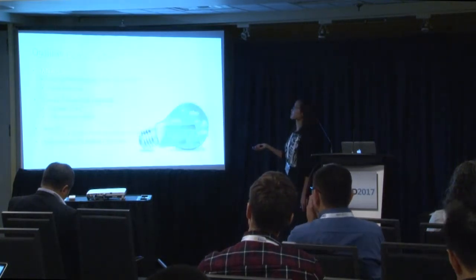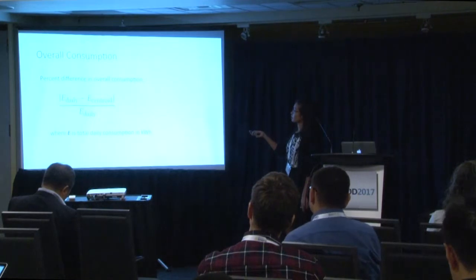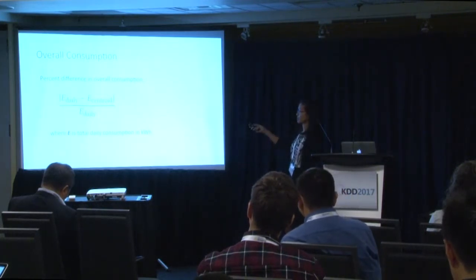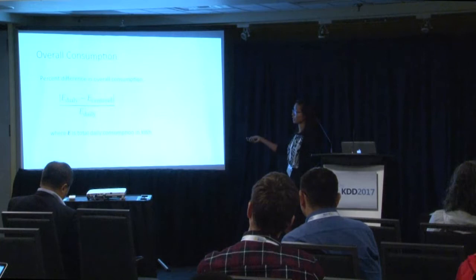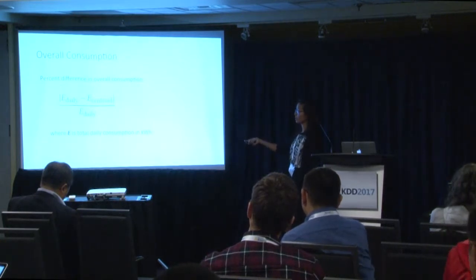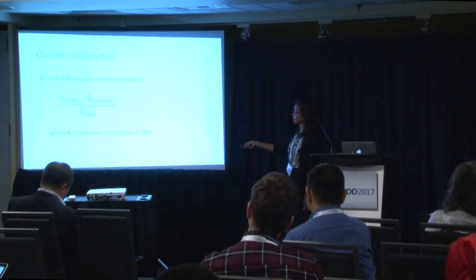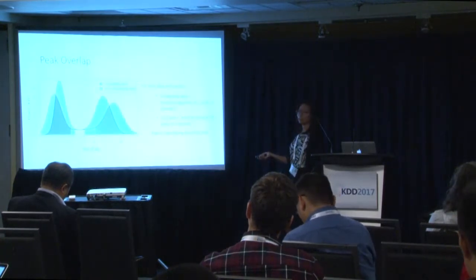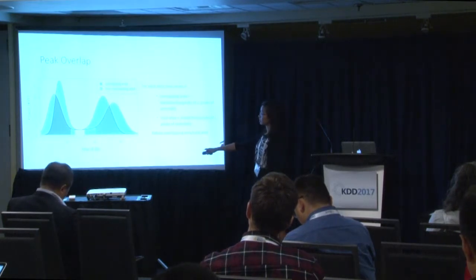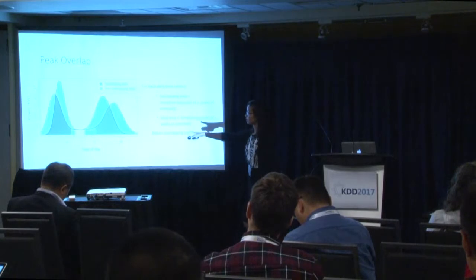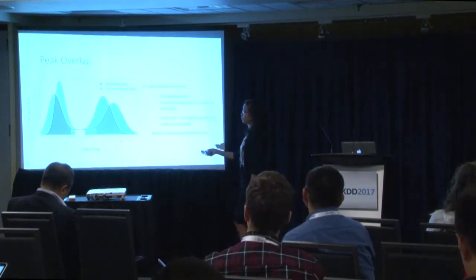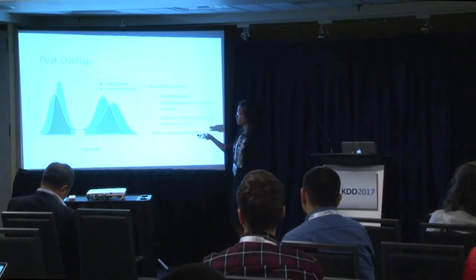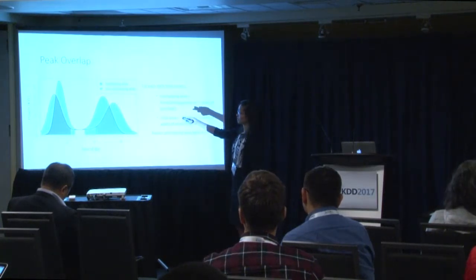First, looking at some metrics, this first one is just the percent difference in the total consumption, the total energy used in a daily load shape. The definition is here, pretty self-explanatory. And then we also have the peak overlap percentage. If we take the red centroid over here and the daily load shape, we want to measure how well this centroid represents the load shape.